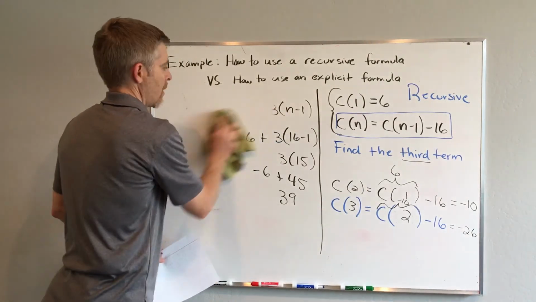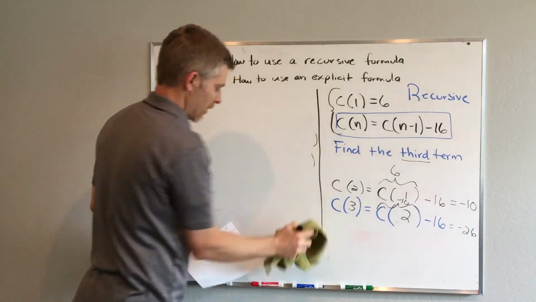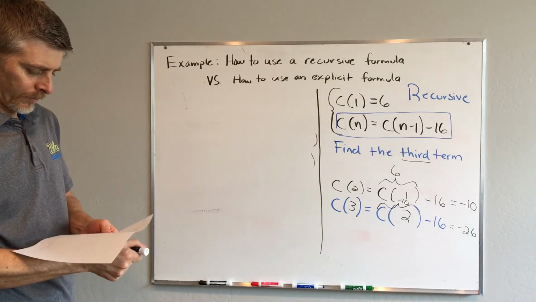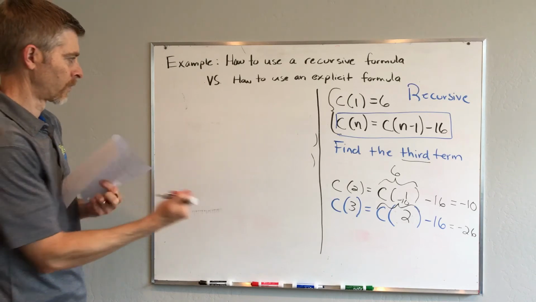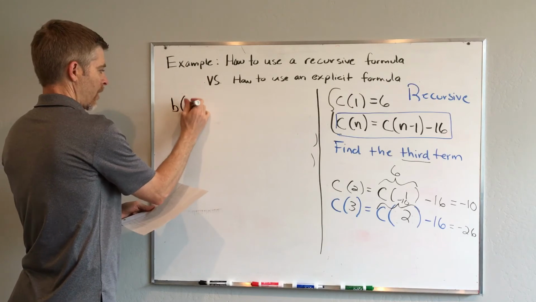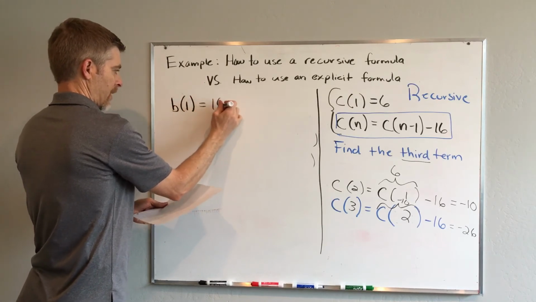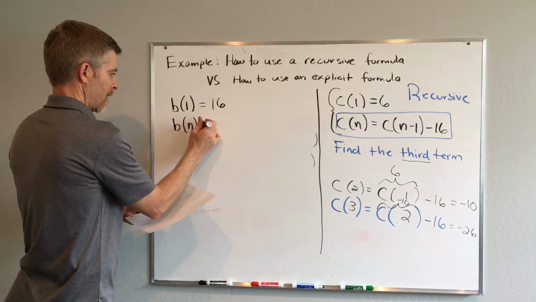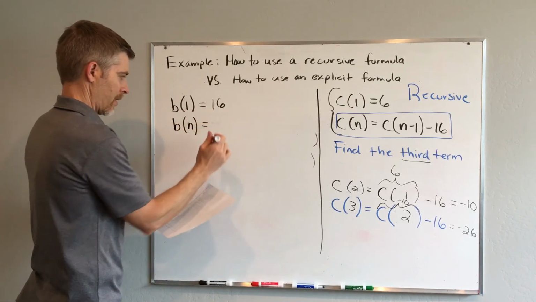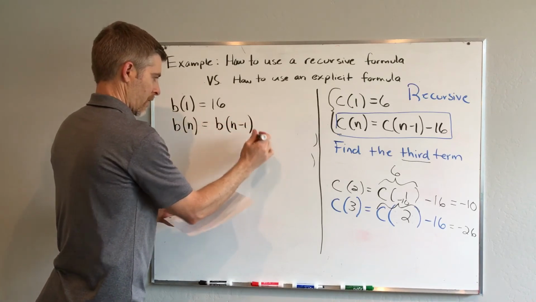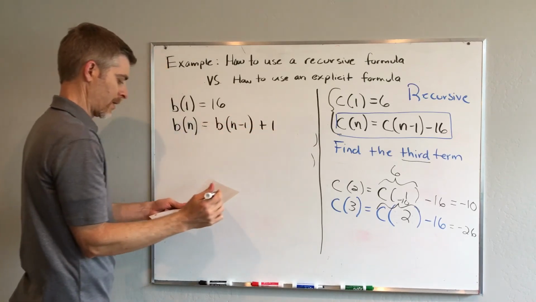All right. Here's another example from the homework. They say b of 1 equals 16, b of n equals b of n minus 1 plus 1.